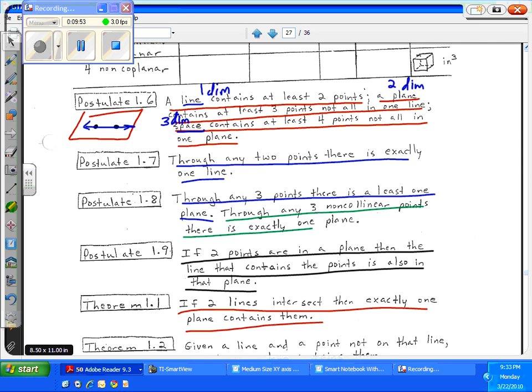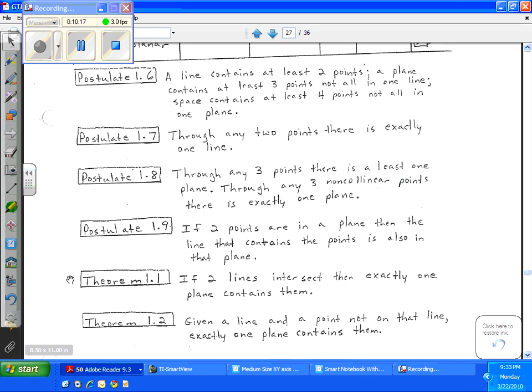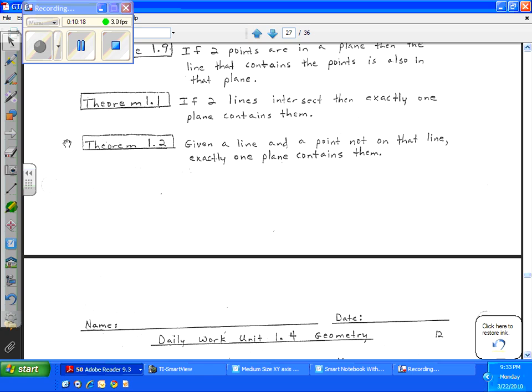If 2 lines intersect, exactly one plane contains them, and you can see that those points would be non-collinear points, but they're all still in the same flat surface, and so they're coplanar but not collinear. So if two lines intersect, then exactly one plane contains them.